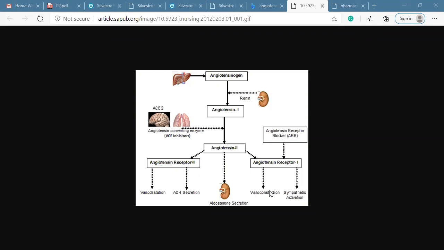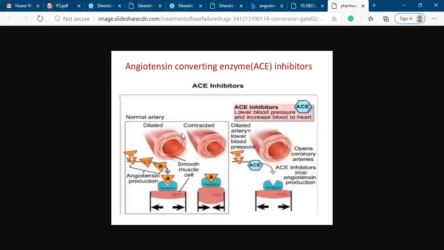When the blood vessel undergoes vasoconstriction, here you can see the picture, the normal artery is dilated, and this one is constricted. When the artery is constricted, blood does not flow well.